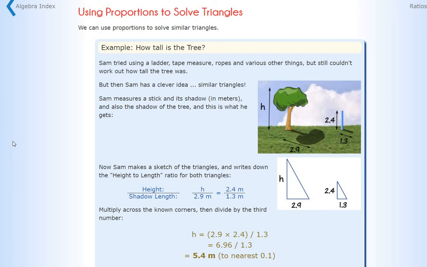Sam tried using a ladder, tape measure, rope, and various other things, but still couldn't work out how tall the tree was. Then Sam had a clever idea. Similar triangles. Sam measures a stick and its shadow in meters, and also the shadow of the tree. And this is what he gets.